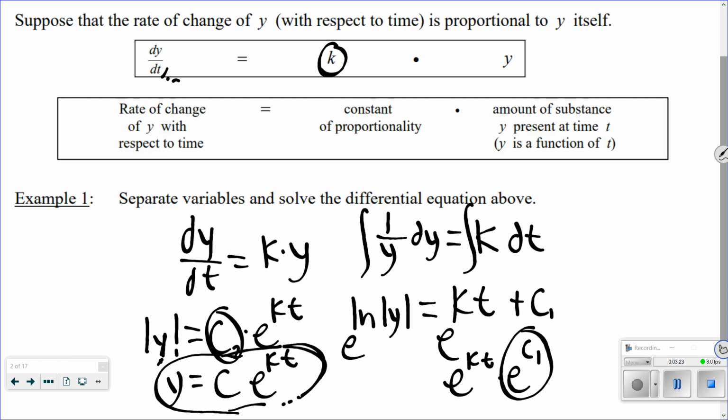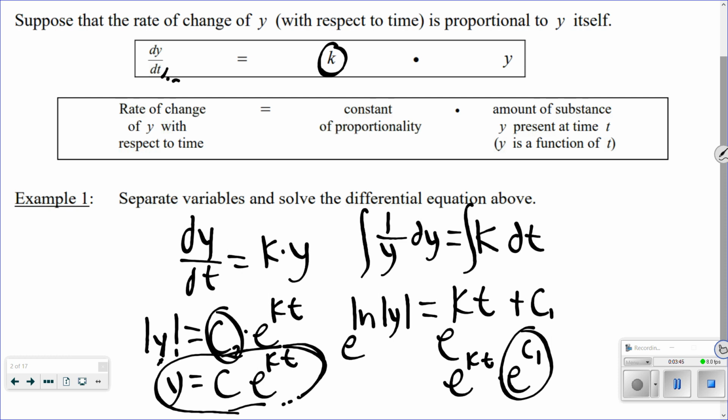Sometimes you refer to it as the PERT formula. This is used a lot to model population. It's used with money. It's used with radioactive material. If you talk about how it goes down, the amount of radioactive material declines over time. This model can be used for all of those.